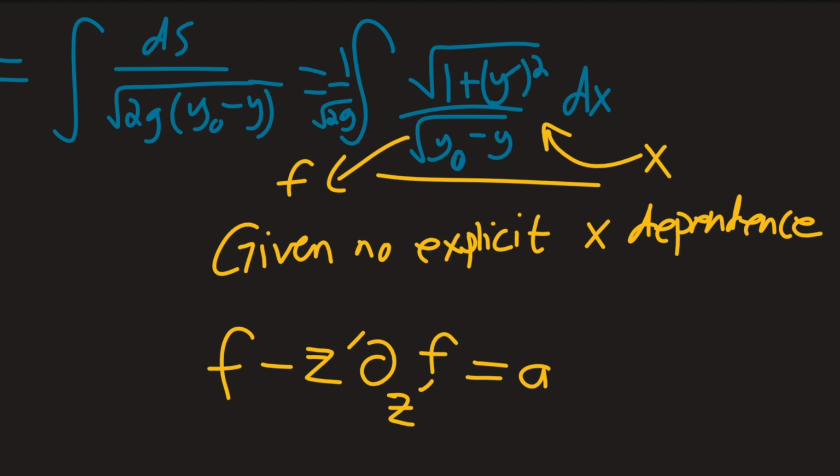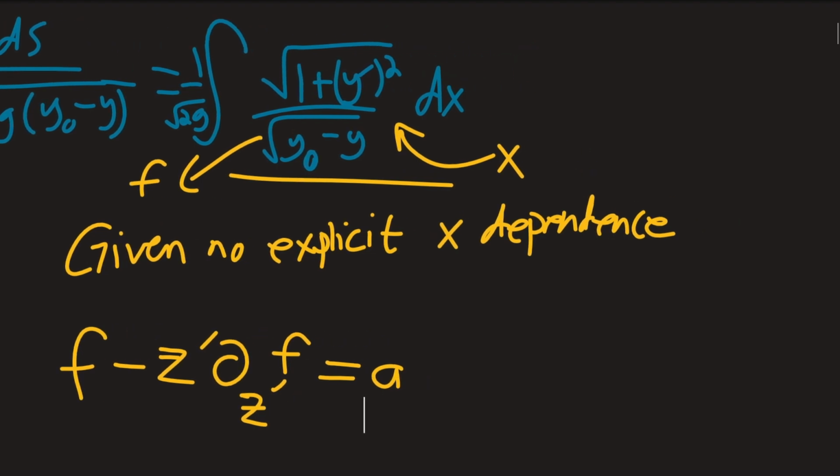But before I actually go into solving this, I just want to define off to the side in red, just to make everything nice and neat. We're just going to say z is defined to be y naught minus y.